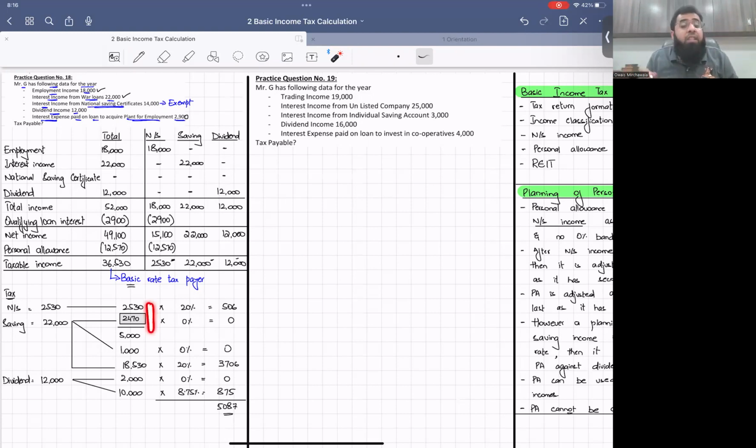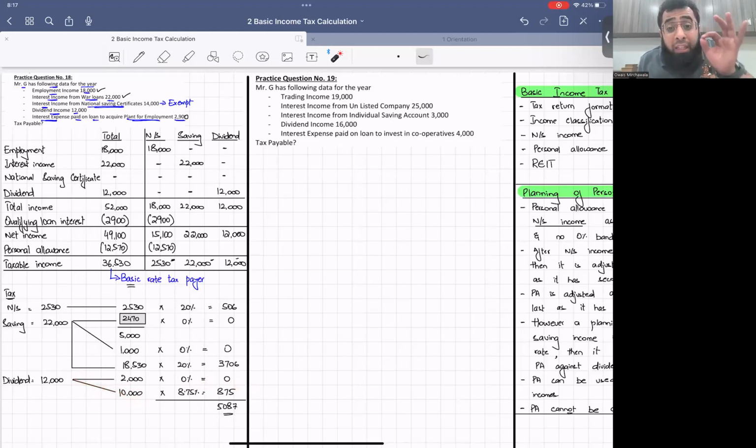Now, if I look at the first 5,000 pounds, 2,530 is acquired by non-saving, and the remaining space of 2,470 goes at 0%. Then saving income 1,000 pounds at 0%, and the remaining saving income 18,530 at 20%. Then we have dividend income, 2,000 at 0% and the remainder at 8.75%.